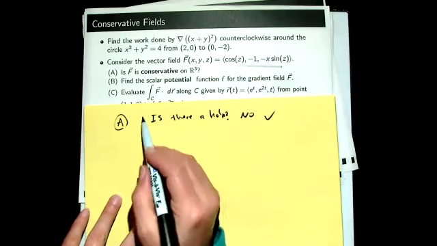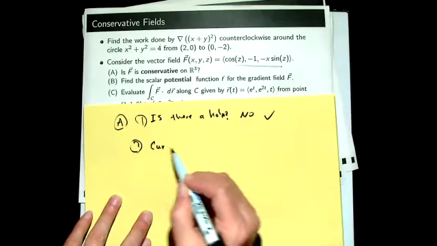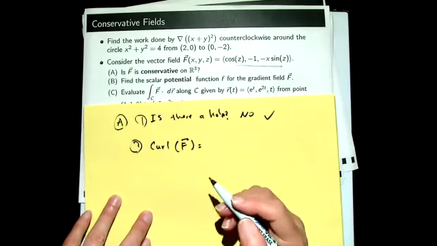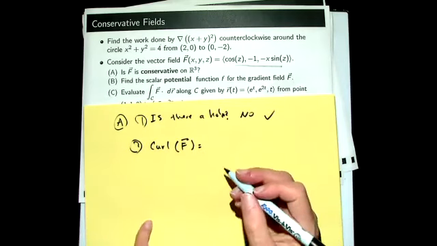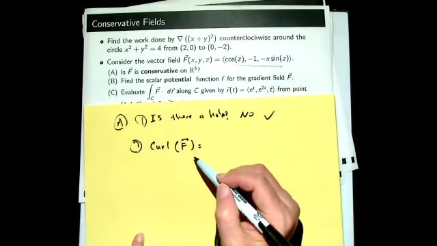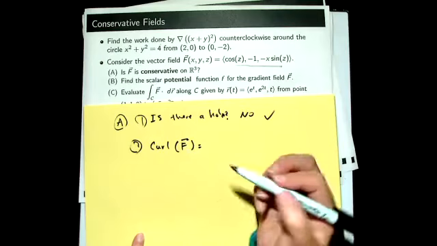So the second part, I'm going to check the curl of F. And curl of gradient vectors are supposed to be basically 0, right? So I have to check that.